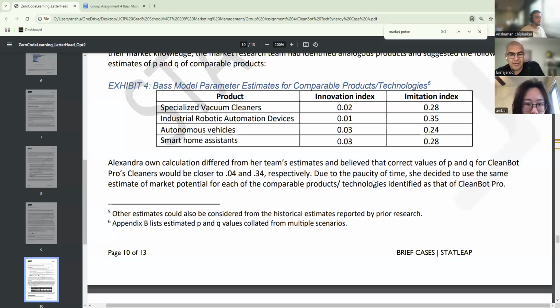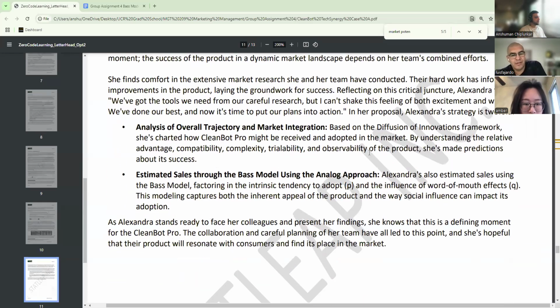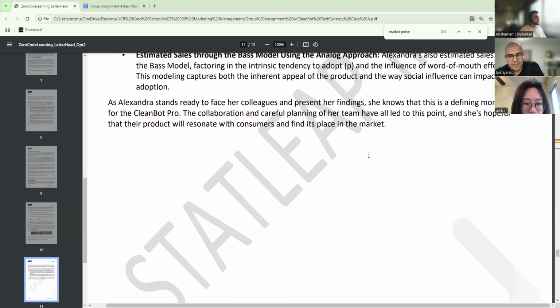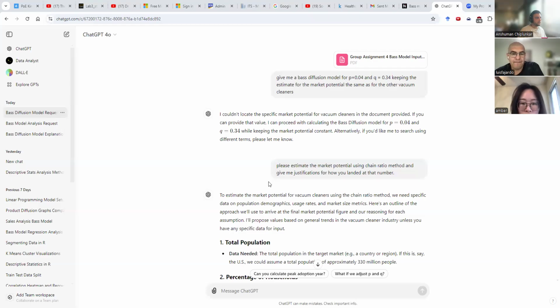Page 10 of the assignment. So are you seeing me scroll right now? Yeah. Okay, it's weird. I'm going to try this again then. Okay, what do you see now? Your ChatGPT. There we go.